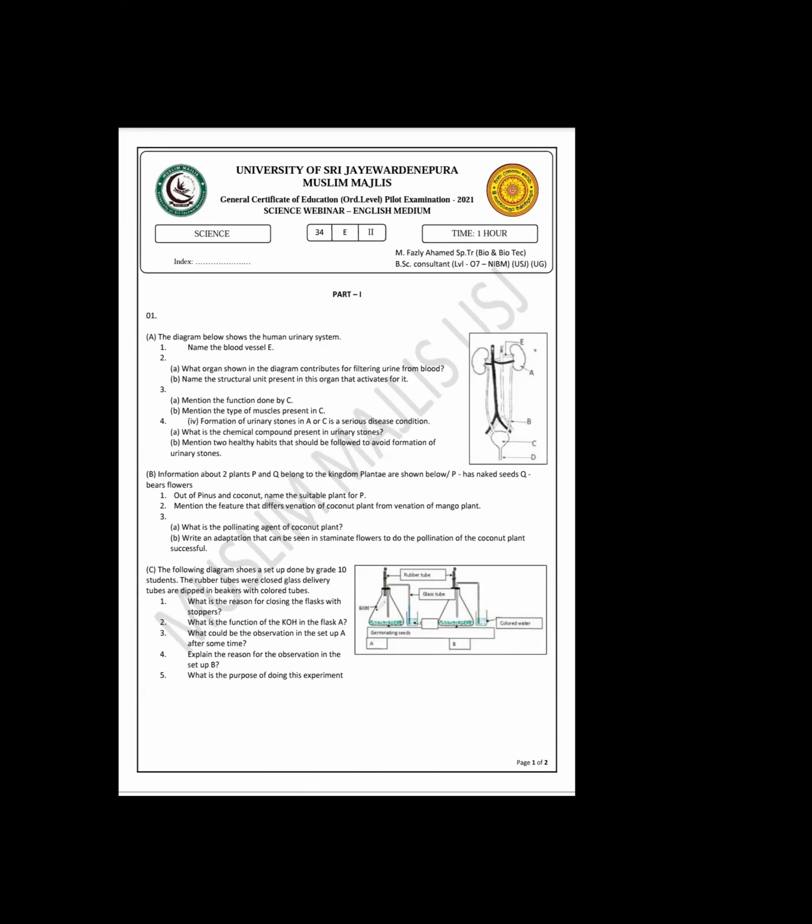So first one, here kidney is filtration. Second one, bladder is storage. You can write the answer for C.